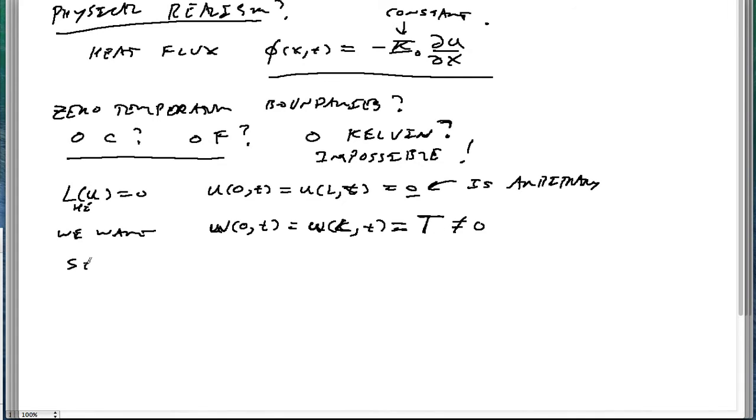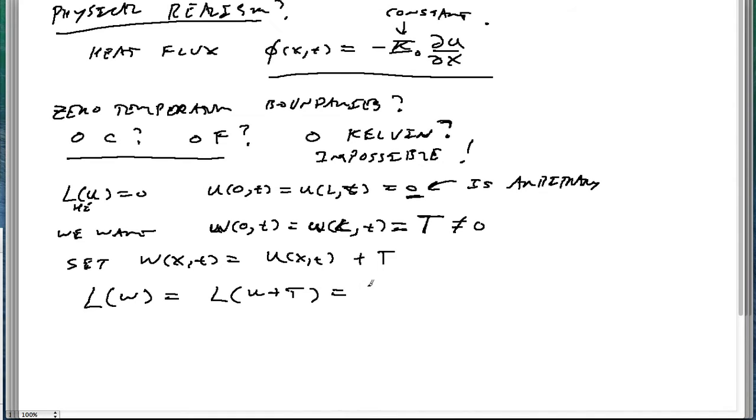Well, I can set W, x comma t, to be U, the solution with the 0 boundary condition, x comma t, plus T. And we can see that L of W is equal to L of U plus T. Again, we have a linear operator, so that becomes L of U plus L of T. L of U, of course, because it solves the equation, is 0.